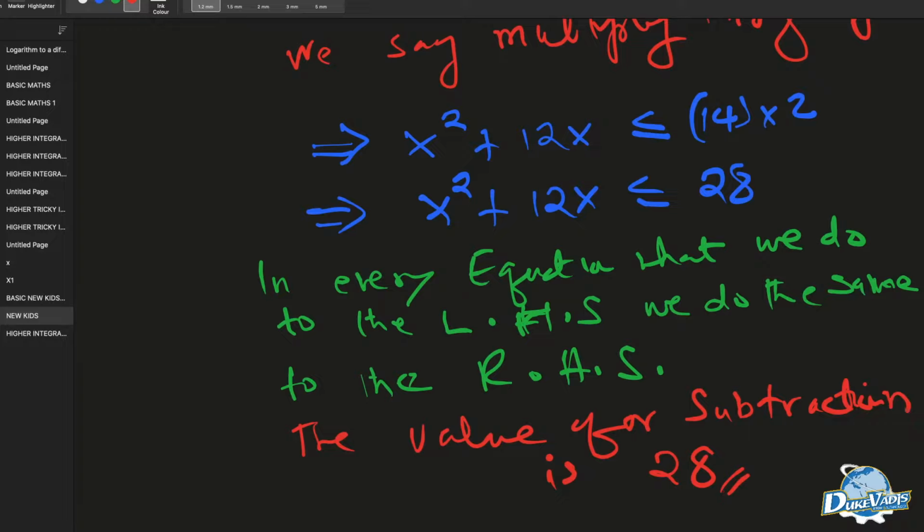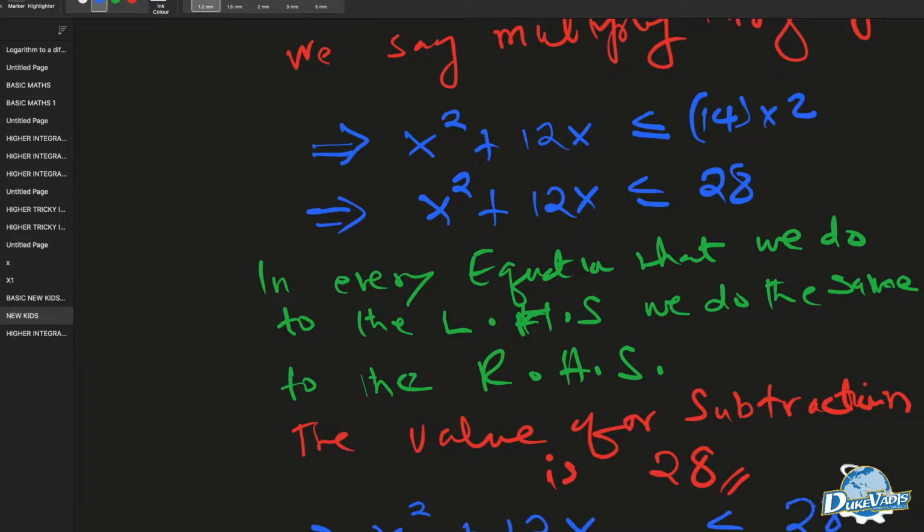Okay, now, if that is the case, then this implies that x squared plus 12x is less than or equal to 28.